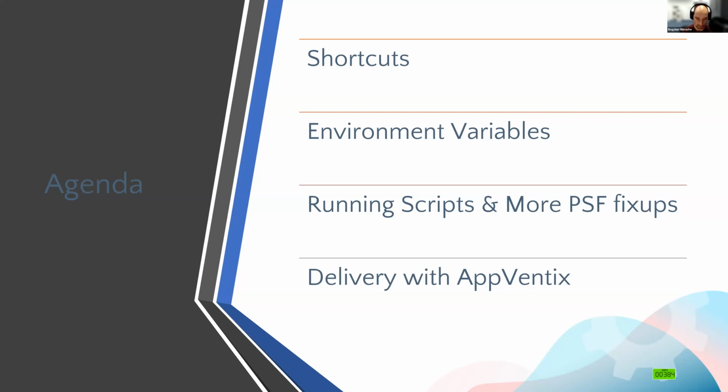When I talk about shortcuts, I talk about shortcut arguments or working directory configurations. And then there are some particularities like external shortcuts and other types of shortcut customizations, but those are more rare.